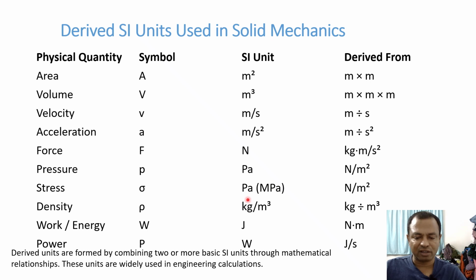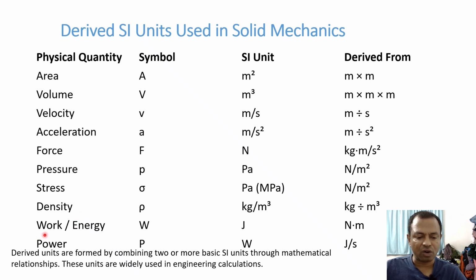So usually 1 Pascal is very small, so we use megapascal, gigapascal, like that, bigger units. And density, the symbol is rho, and mass by volume is known as density. Unit of mass is kilogram, volume is meter cube, we already studied. So kilogram per meter cube is the unit of density.